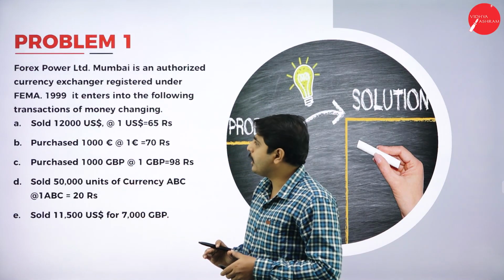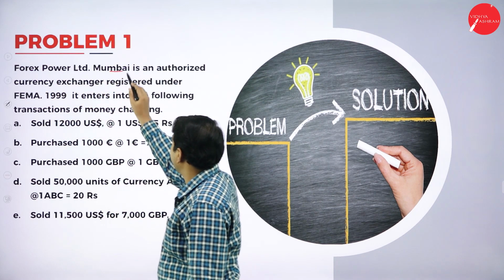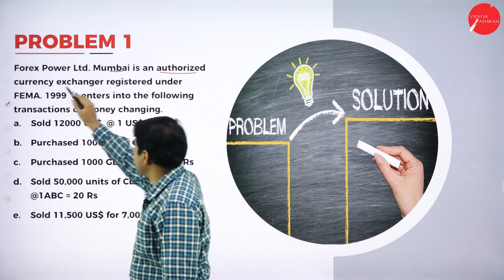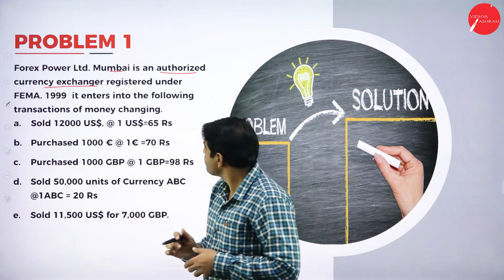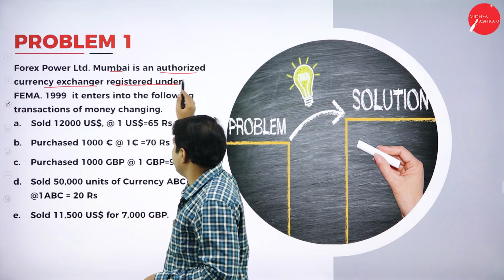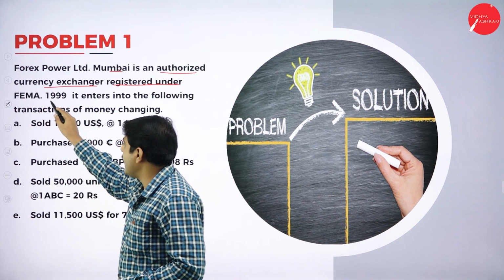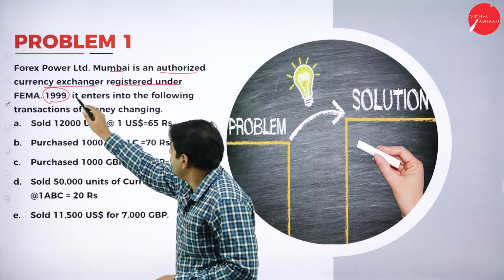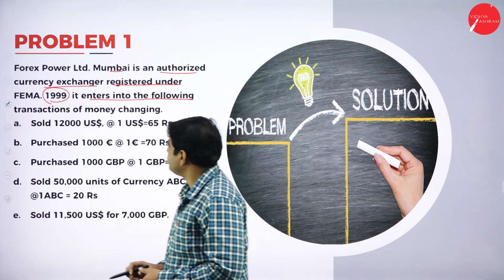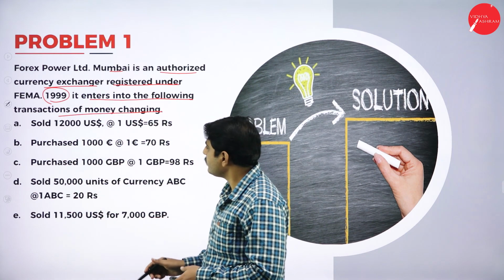This is the first problem. Forex Power Limited, Mumbai, is an authorized currency exchanger. It is doing currency exchange business registered under the FEMA Act, Foreign Exchange Management Act 1999. It enters into the following transactions of money changing.